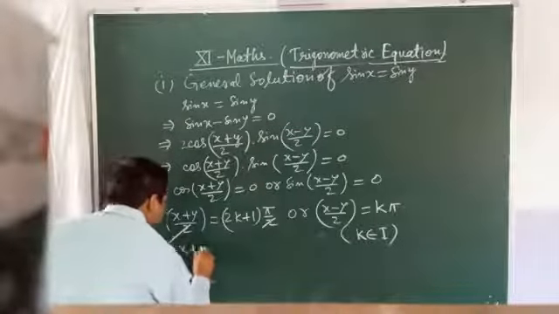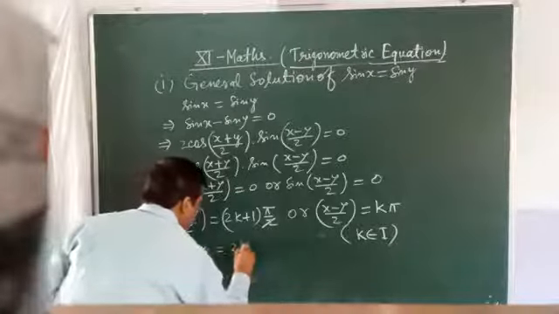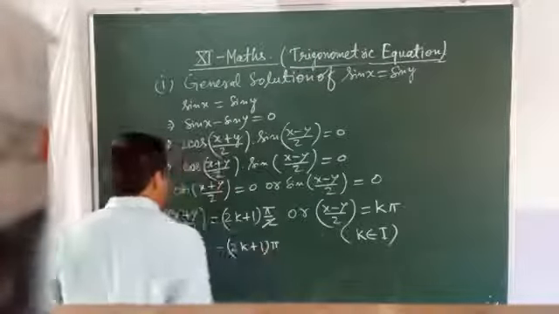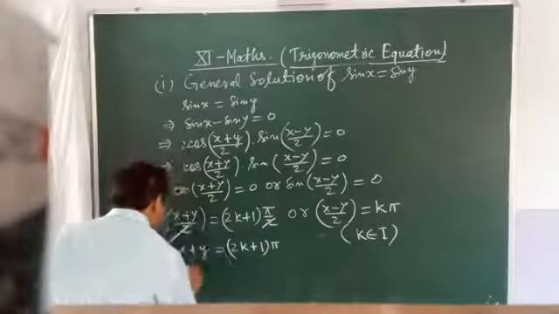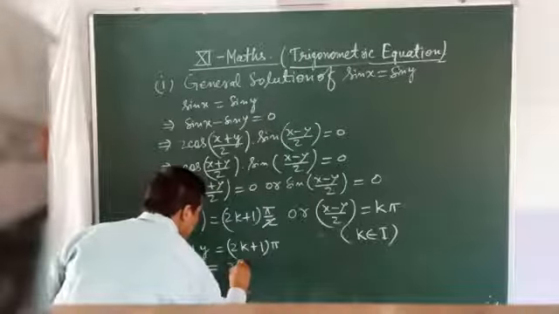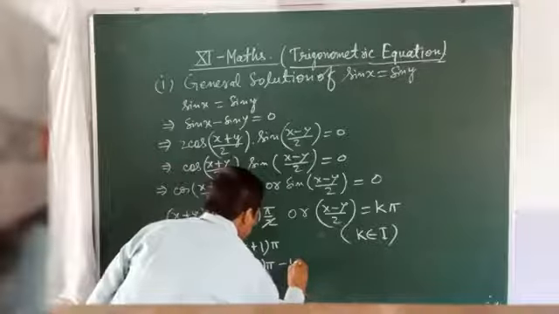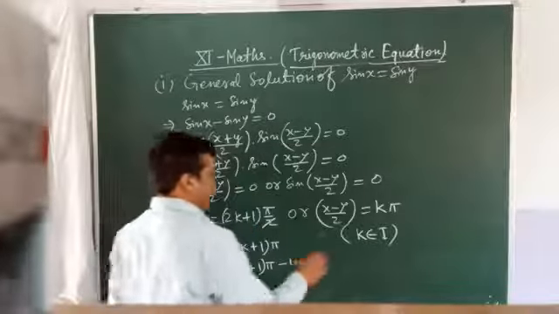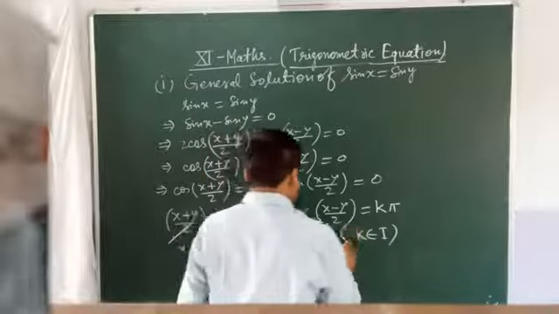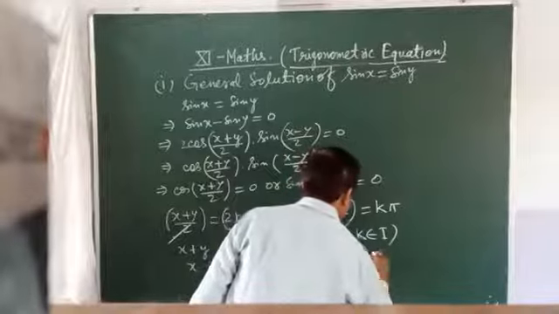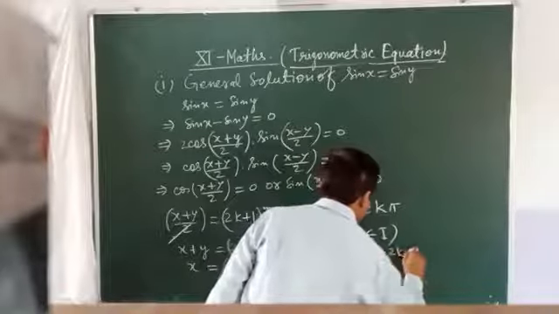Therefore x plus y is equal to (2k+1)π. Therefore x becomes (2k+1)π minus y. And here also x minus y is equal to 2kπ.